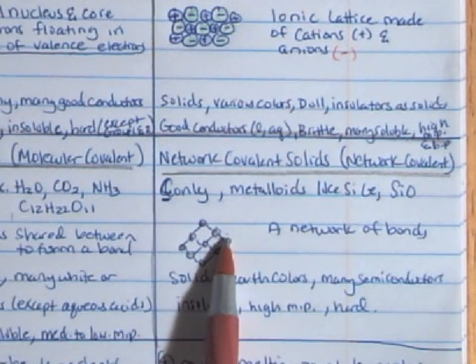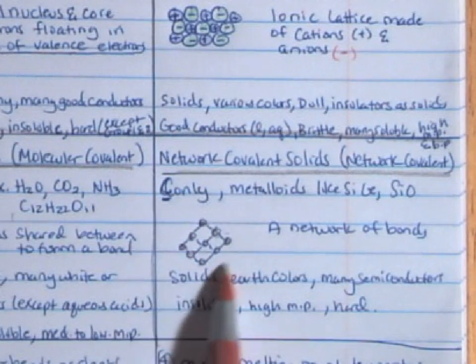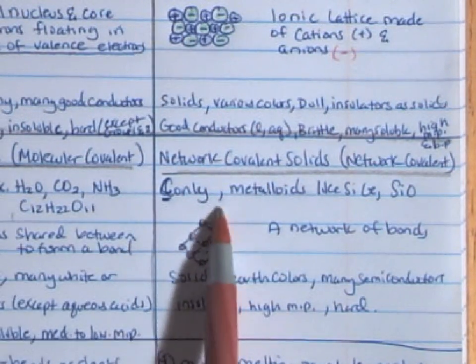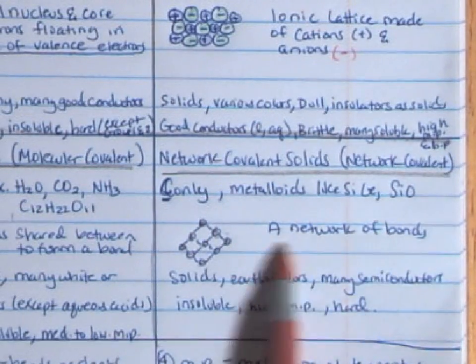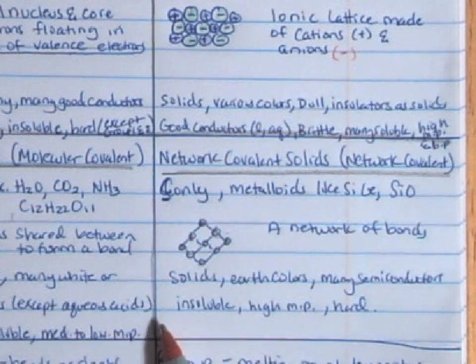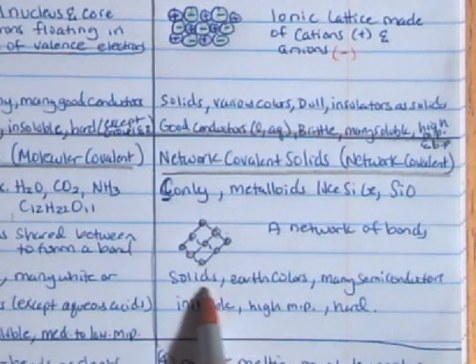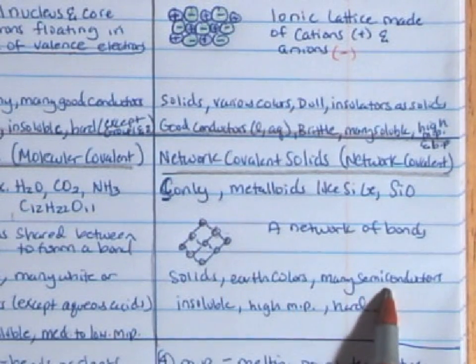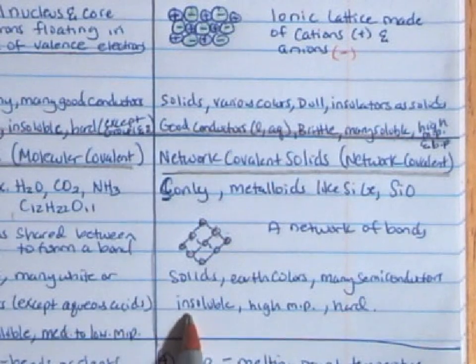Now, if you look at the network covalent solids, they are set up in a network or a lattice like the ionic compounds. They're all sort of connected together. There's not a discrete portion. And these are a network of bonds. Now, in terms of properties, the colors are usually earth colors. Many are semiconductors. They're insoluble.